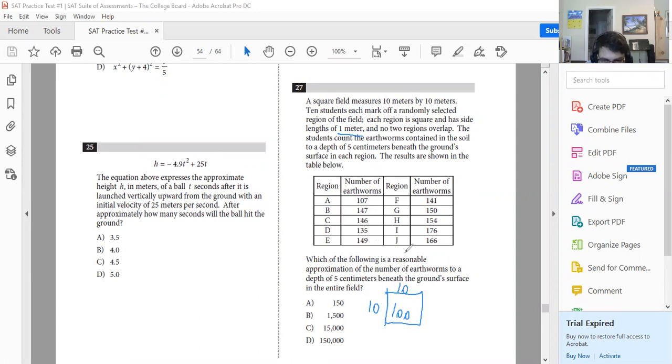Just eyeballing it, if you really wanted to add all these numbers together and divide by that, you could do that, but all our answers are multiples of 150, and so it looks like this is an average of 150 in each region. 150 in 1 square meter, well, in the entire 100 square meter field, you would multiply by 100, means you add your 2 zeros, and we're at 15,000 earthworms in the field.